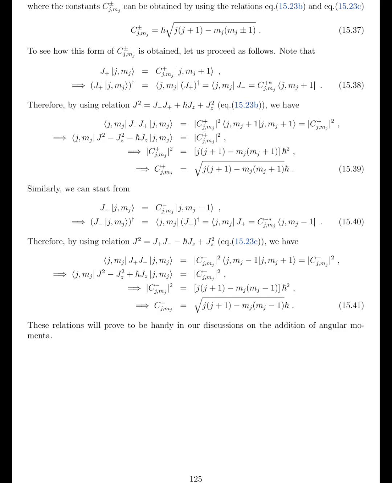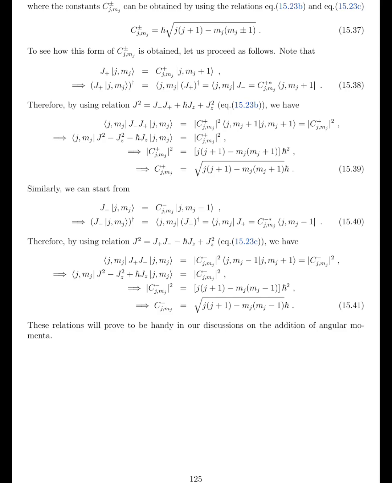The Hermitian conjugate will give rise to the Hermitian conjugate of J plus acting on the bra. It has to, because the ket will become a bra, and the operator will also get its Hermitian conjugate. J minus operates on the bra, but gives me C plus, because it's acting on the bra state.